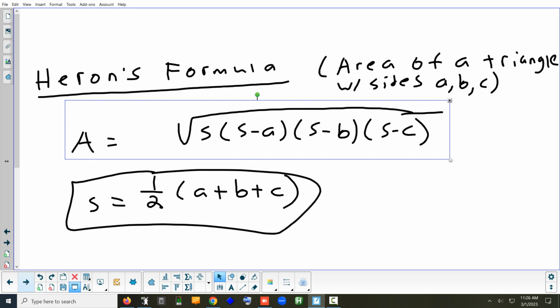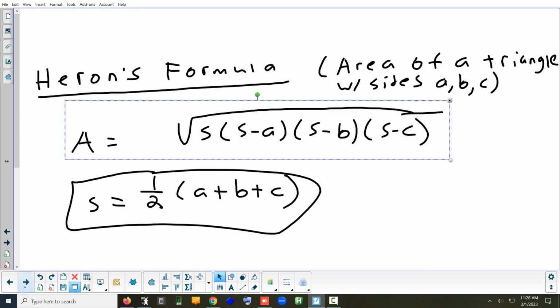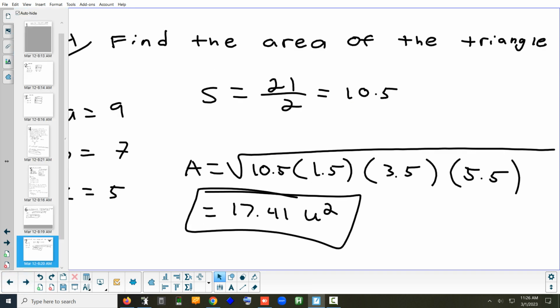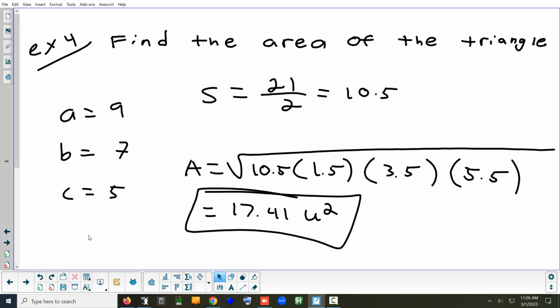And if you don't remember this formula at all, you're going to be fine. You can just use the one that I taught you and actually prove it. It's longer, but it will work. Okay, any questions on that? Okay.